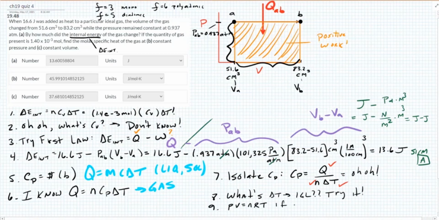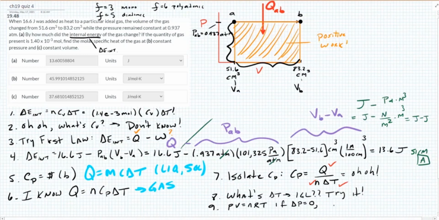If P is constant, which once again, I will write it like this. If there is no change in pressure, if delta P equals 0, which means isobaric process, and you were told this pressure remains constant, then I'm going to write it like this.